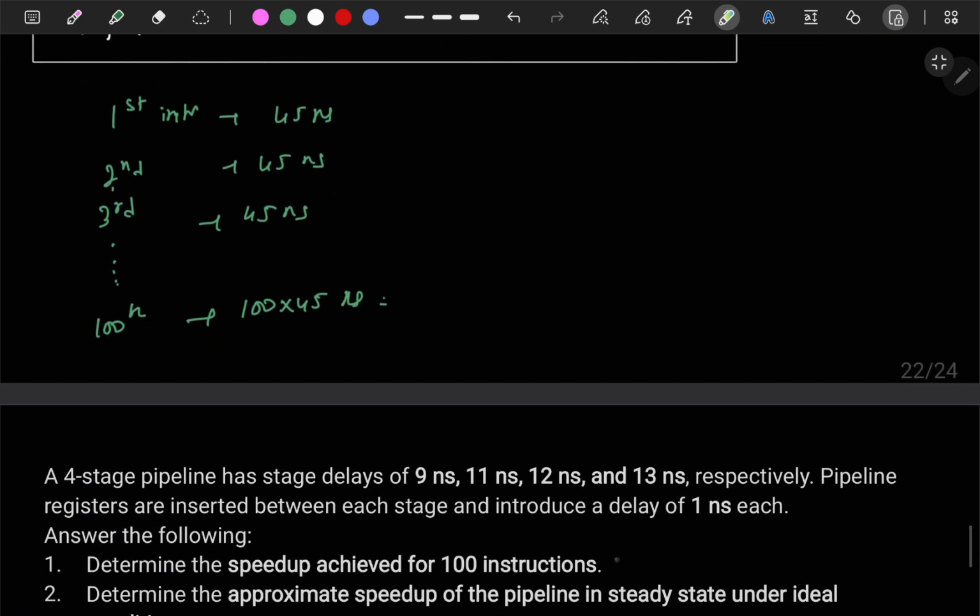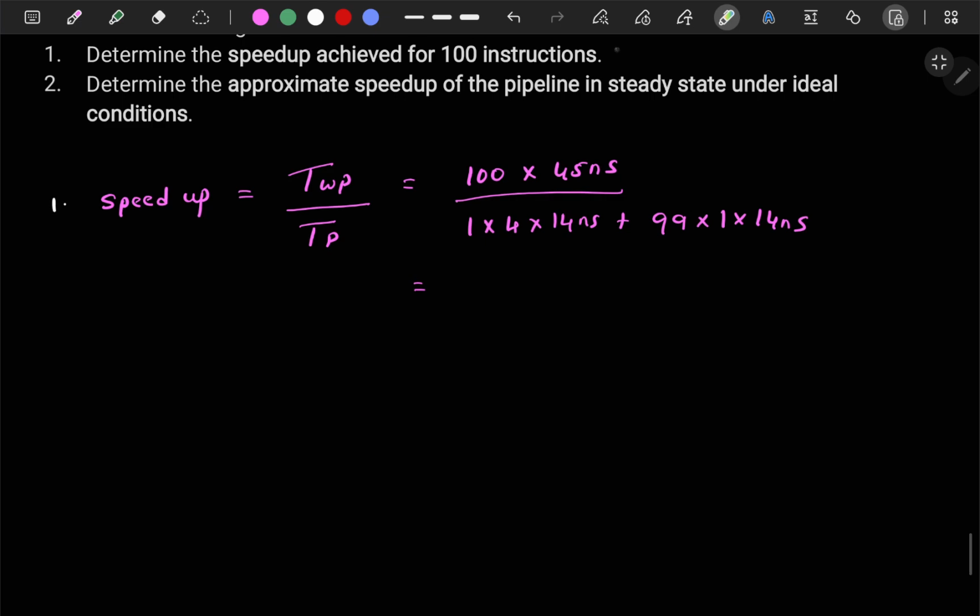We have seen all those things. I am directly doing this question because I just want to show you how to calculate speed up. That's why I am telling you to watch the previous question first. So what is the answer here?